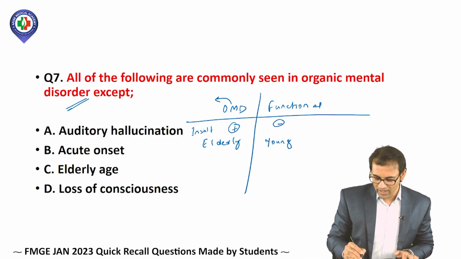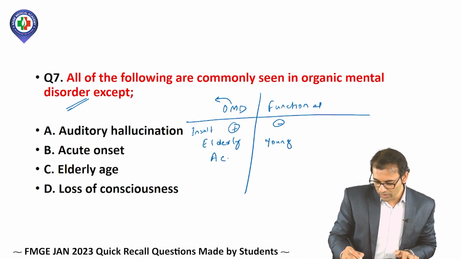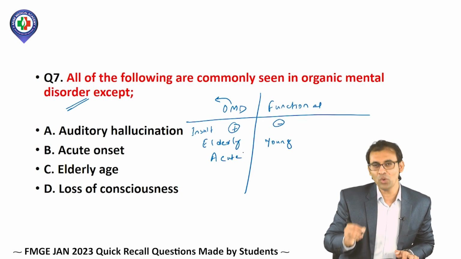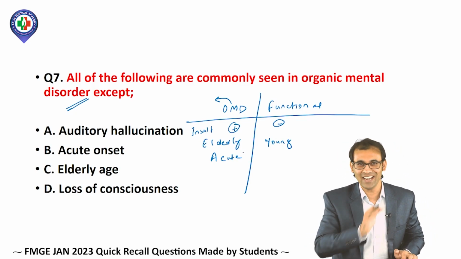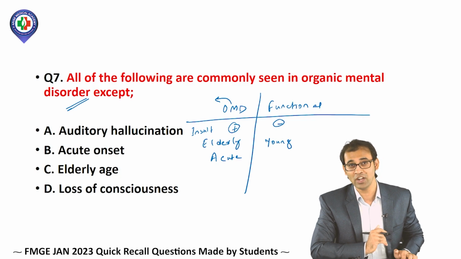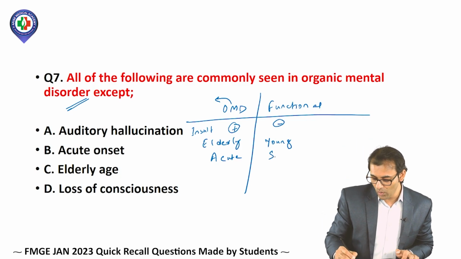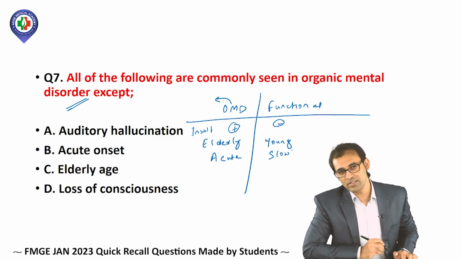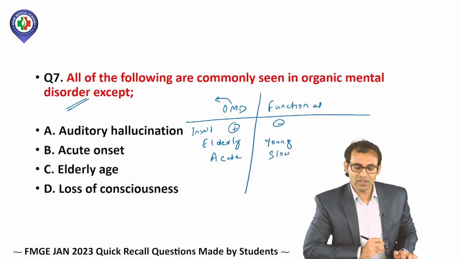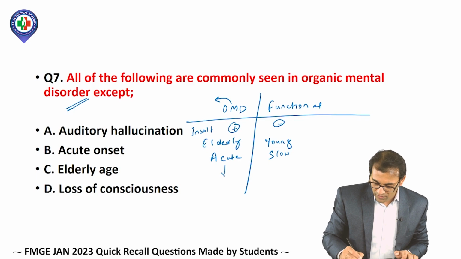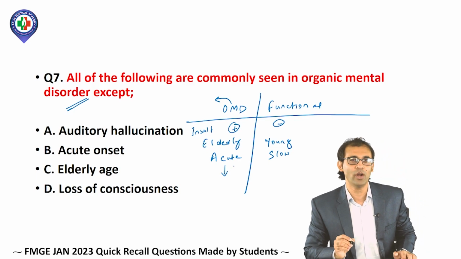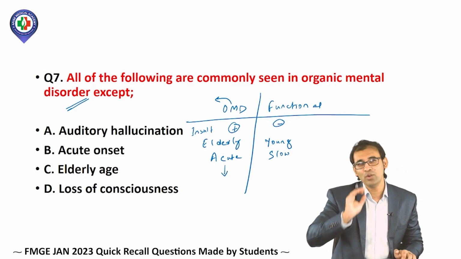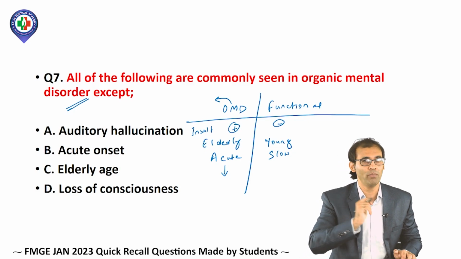Organic mental disorder is acute in nature. Acute in nature means suddenly it will start. Okay, fine. But functional is slow and progressive. Now the question is, in organic mental disorder, which type of hallucination is more commonly seen?